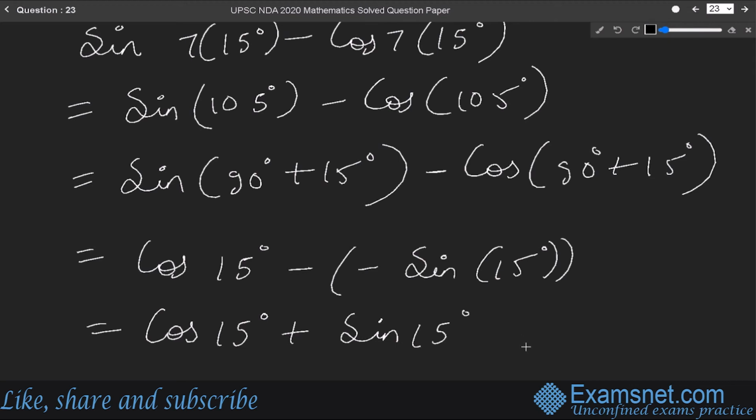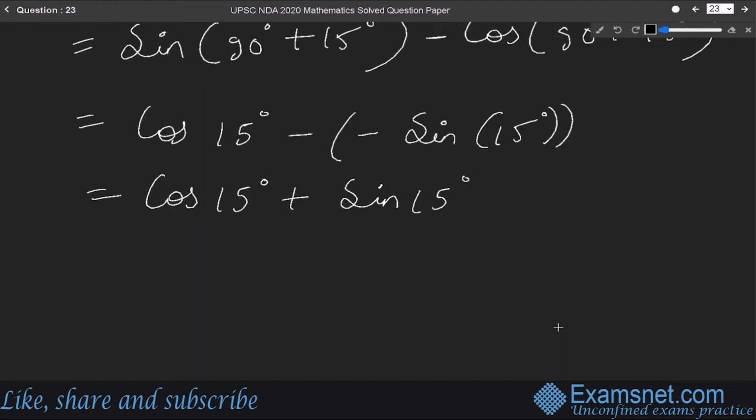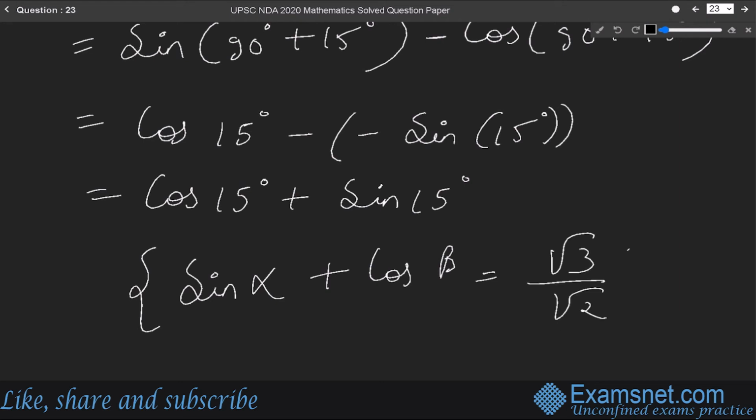Now we already found the value for cos 15 plus sine 15 in the previous question, where we found the value for sine alpha plus cos beta, and the value was root 3 upon root 2. Since alpha and beta are 15, the value for cos 15 plus sine 15 will also be root 3 upon root 2. So there is the same answer for both the questions, root 3 upon root 2.